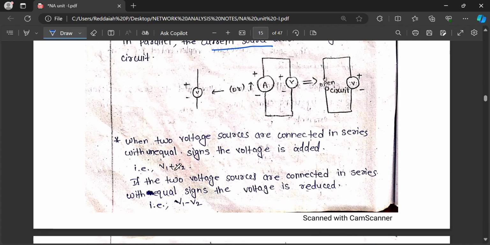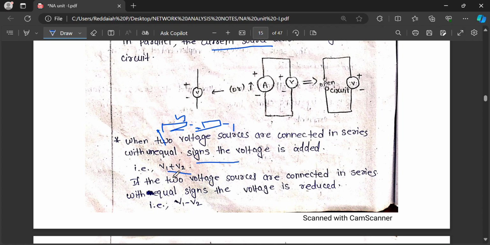When two voltage sources are connected in series with unequal signs, the voltage is added. You can see the battery: when two batteries are connected in series, plus and minus with unequal signs, then the voltage will be added. Suppose it is 5 volts and 5 volts, it will be 10 volts. Only with unequal signs will it be added.